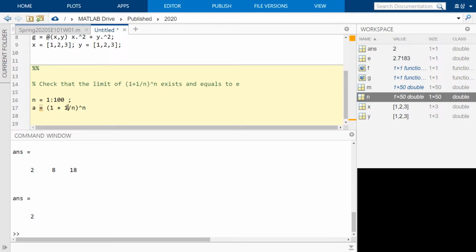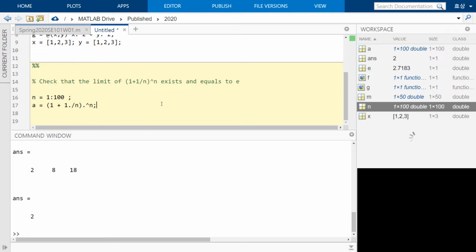You can divide two equal-sized square matrices, but you cannot divide matrices of different sizes. That's also not what we want. We want the reciprocal, 1 over n of each entry of n, so you put the dot here. And you also want the power of each entry of n, an element-wise power. So this is what we want.